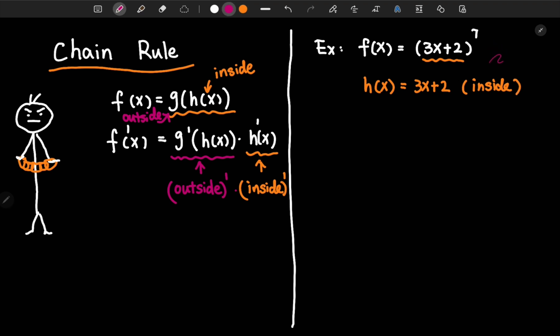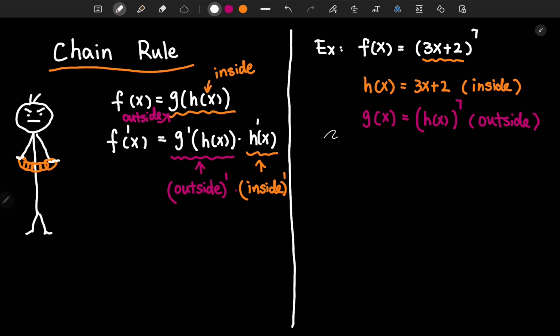Our outside function, g of x, is going to be h of x to the 7th power. That is our outside function. Once you get used to the inside-outside function, you don't have to write it specifically this way. This is to help you understand how to use the rule.